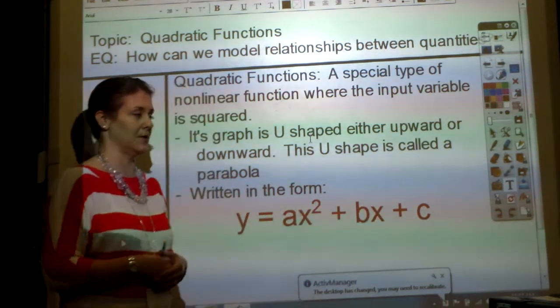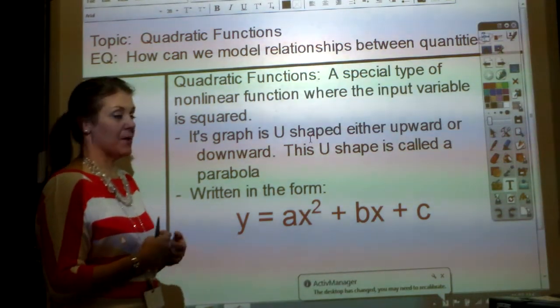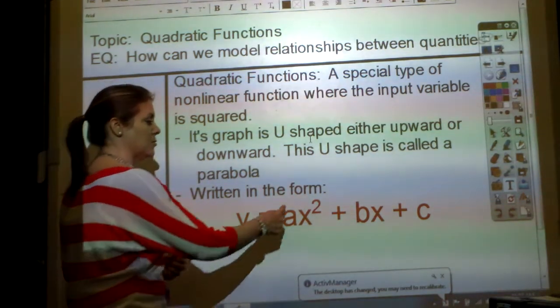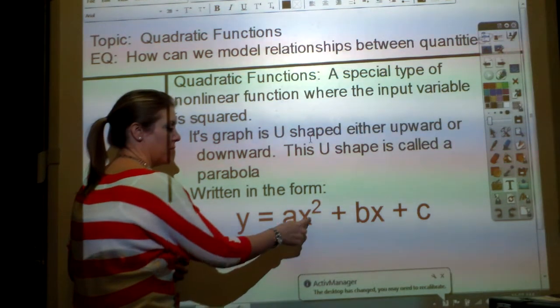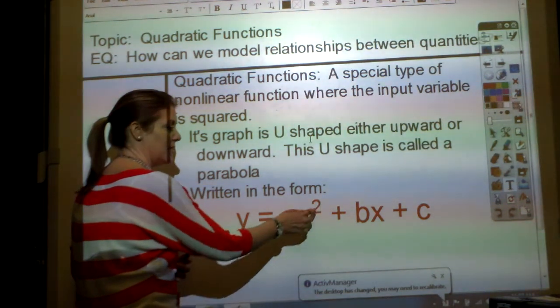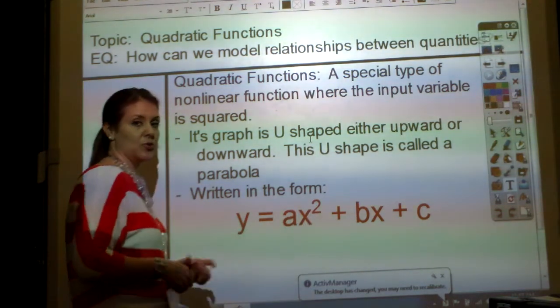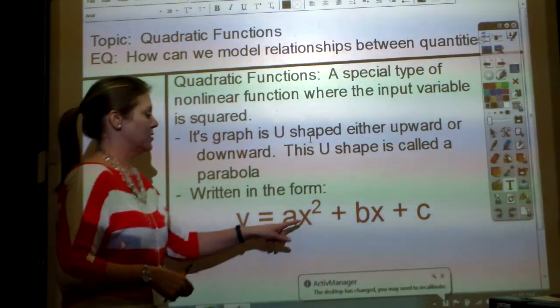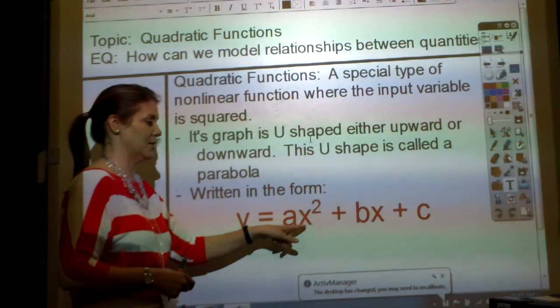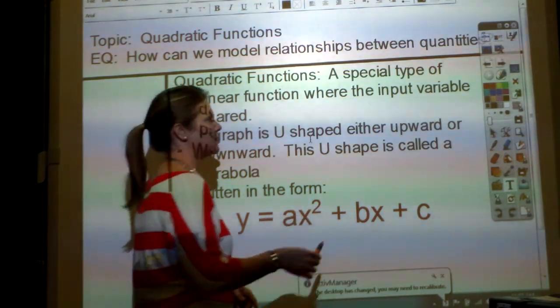So it's a little longer than that linear function, y equals mx plus b, that we're used to seeing. So here's where I was talking about the input variable being squared. The highest variable is going to be that power of 2. So one indicator of a quadratic function is that your input variable is going to be squared.